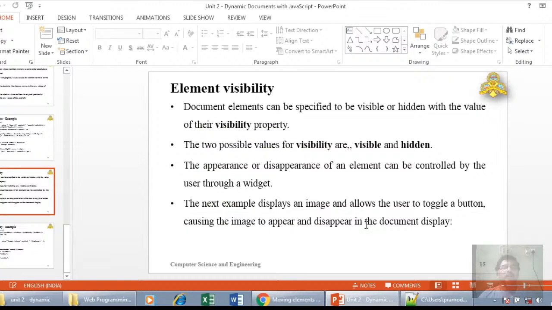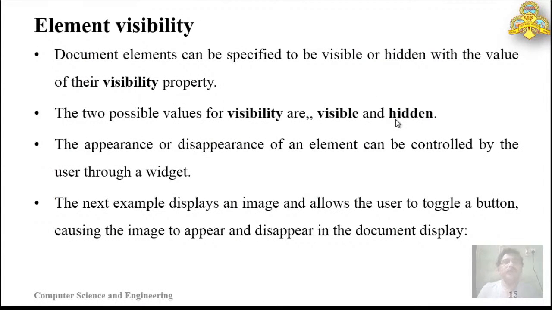And the last one in today's class is modifying the visibility. We can make an element visible or hidden by modifying its visibility property. The possible values here are visible and hidden.